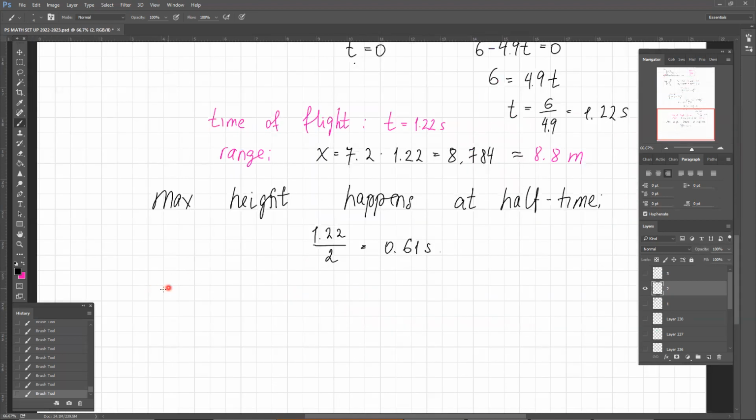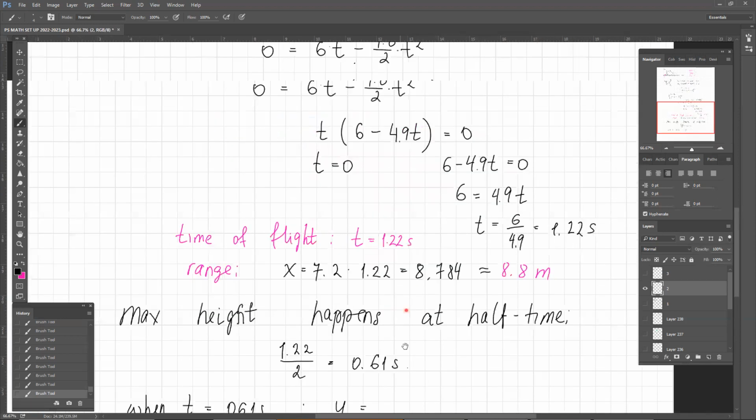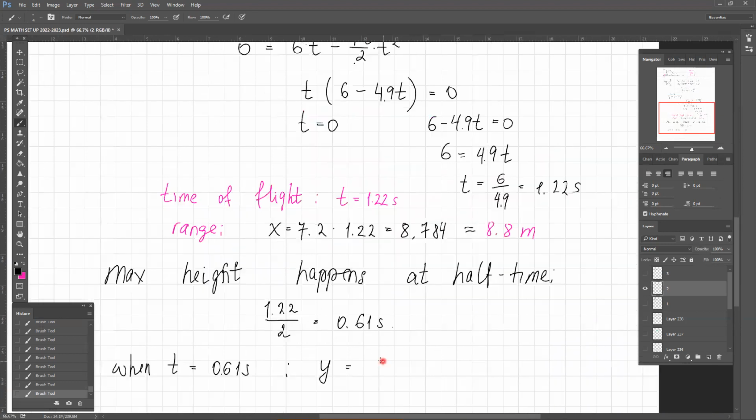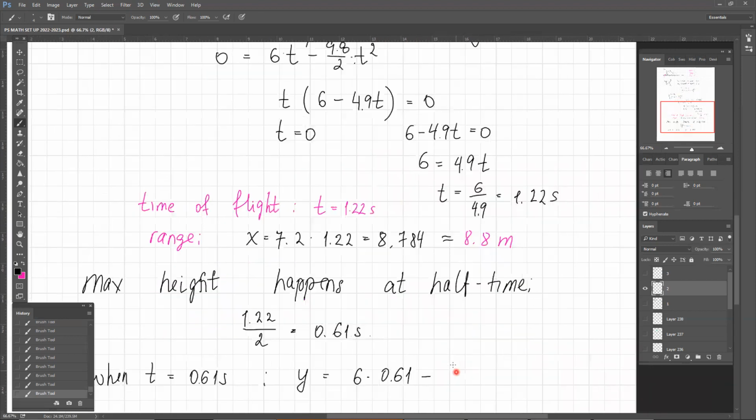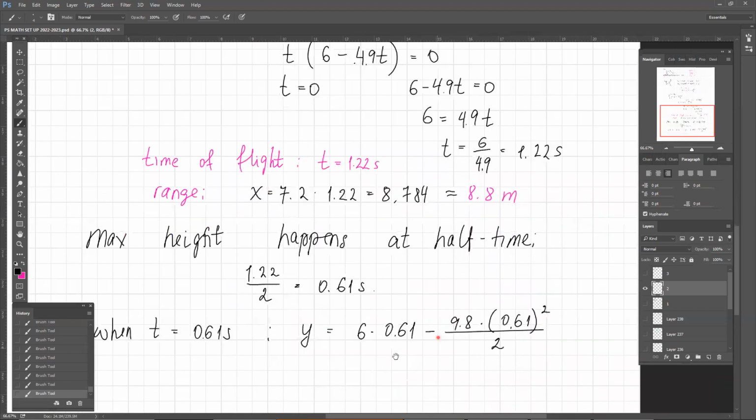So when time equals 0.61 seconds, y equals 6 multiplied by 0.61 minus 9.8 times that squared divided by 2.